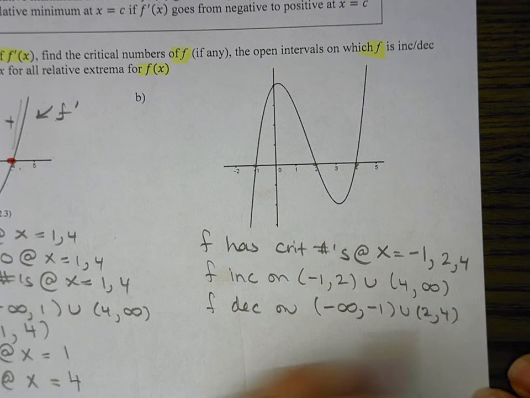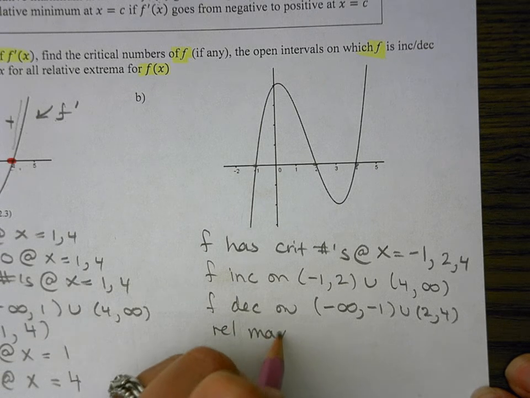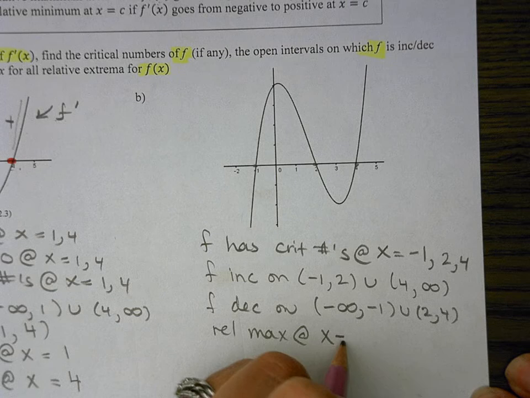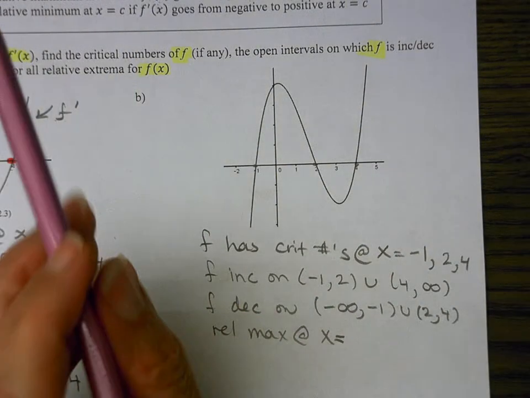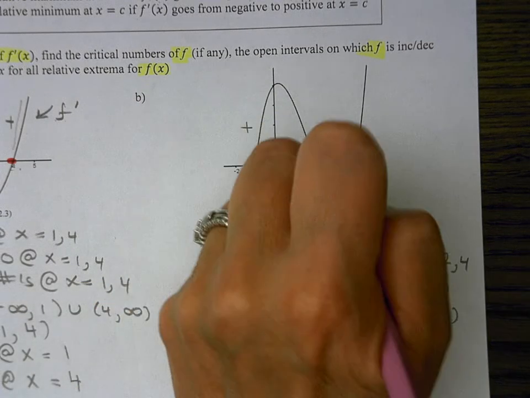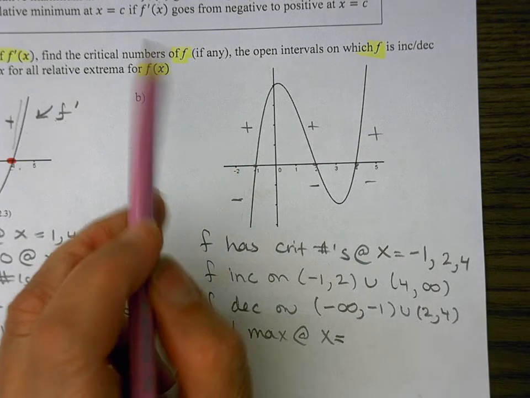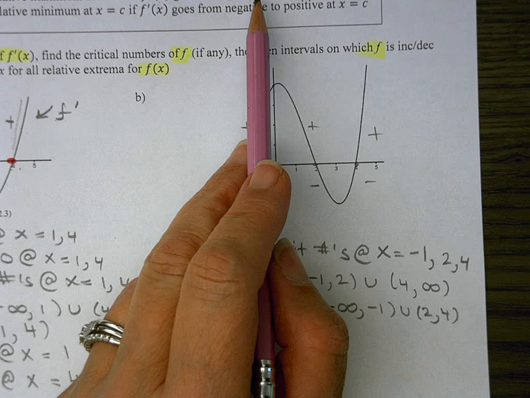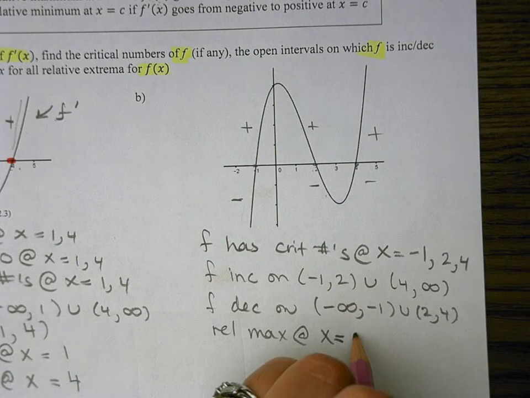And then for our relative max and min, the definition of a relative max is when f prime goes from positive to negative. It was negative here, positive, negative, positive, right? So we have a relative max where f prime goes from positive to negative, and that occurred at x equals 2, and nowhere else.